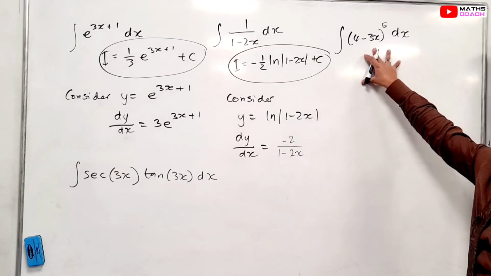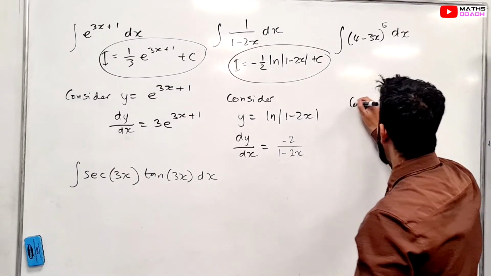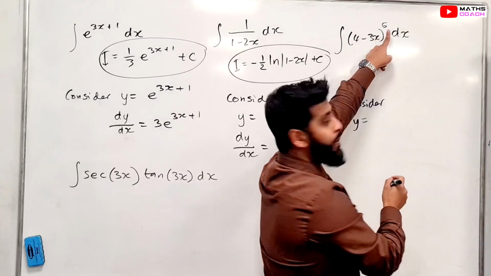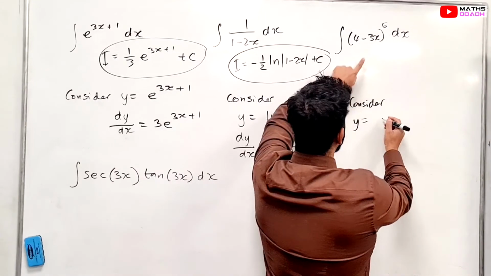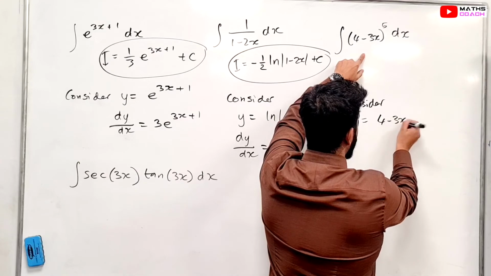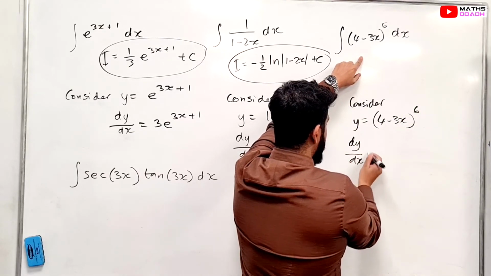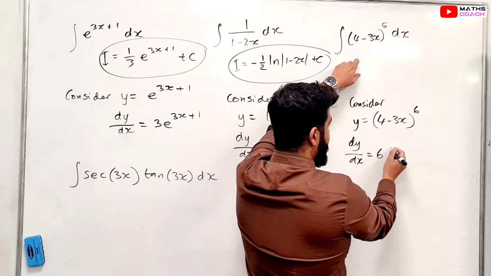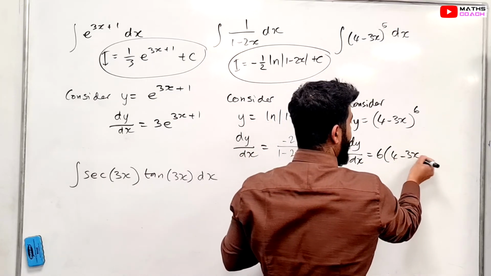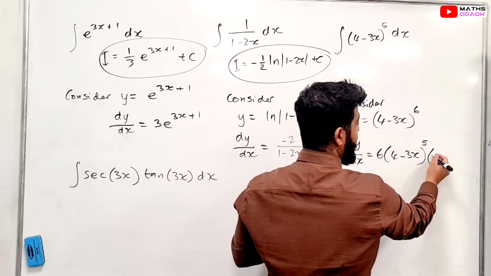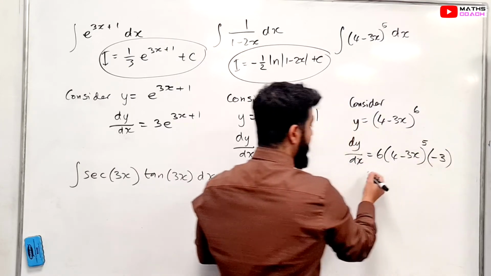Right, this one. What will we consider for that one? So y is equal to, we'll go up a power, right? So what do we have? 4 minus 3x to the power of 6. dy over dx, so therefore, what do? 6, 4 minus 3x to the power of 5, and then we differentiate that, which is minus 3.